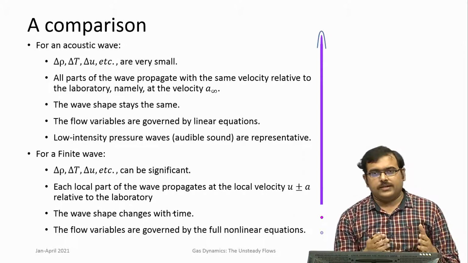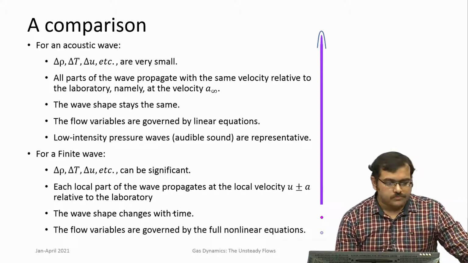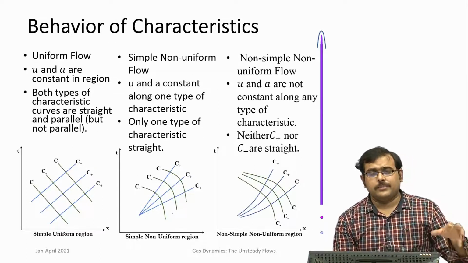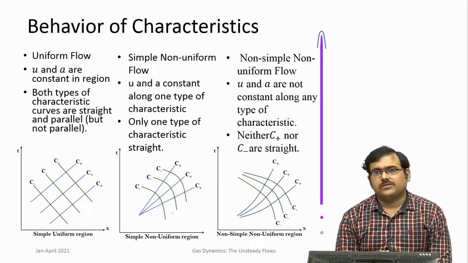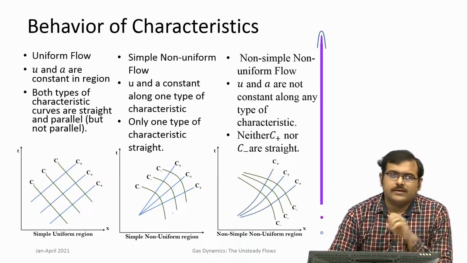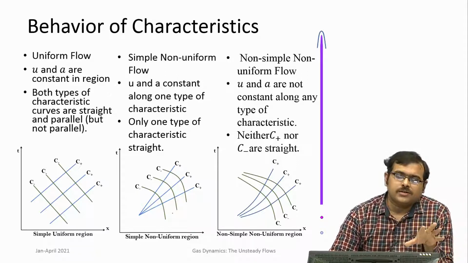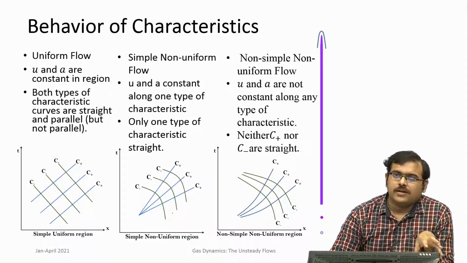To get the connection, we need to understand a little bit about how these characteristics behave. If you have a region of uniform flow, that is, the velocity, pressure or temperature do not depend on space and time, and there you draw the characteristics C plus and C minus.